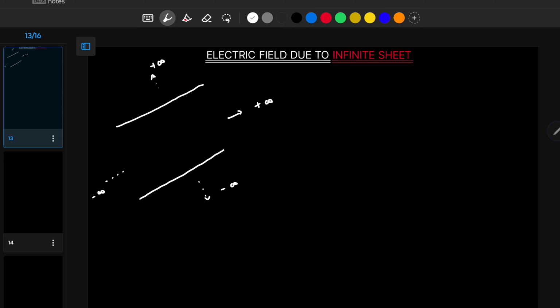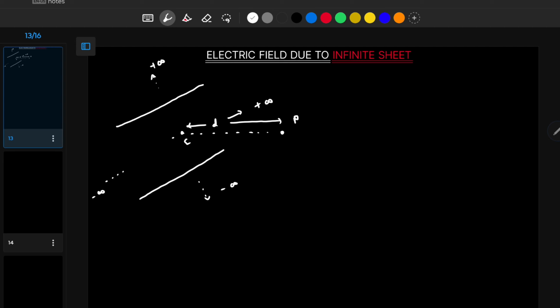I am supposing this is the center of that sheet. From the center, I have to find the electric field at this point. This is the key point at distance d from the center.